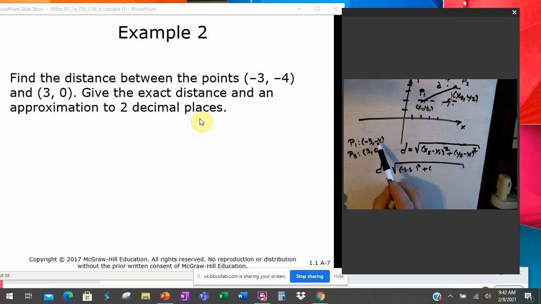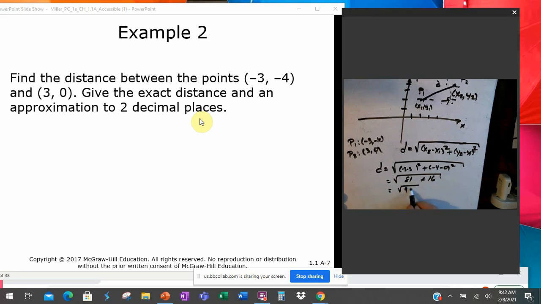Plus my y2 minus y1, 0 minus -4, squared. And then this would just be the square root. 3 minus -3 is 6, squared, plus 16, and then that would give me the square root of 52.